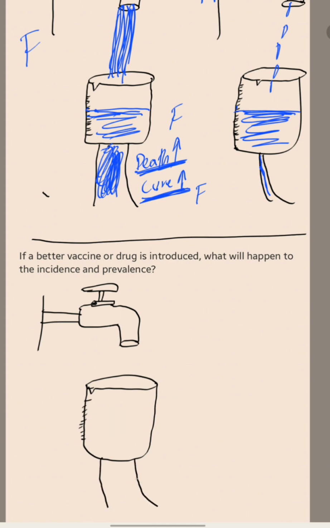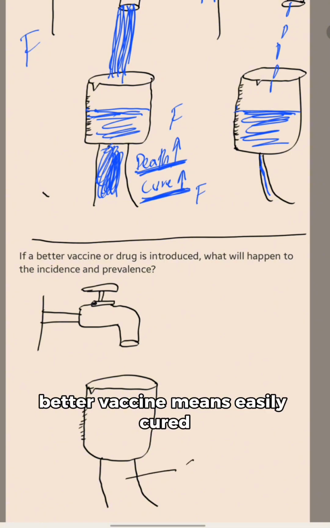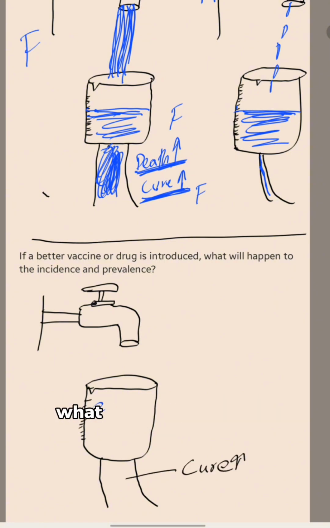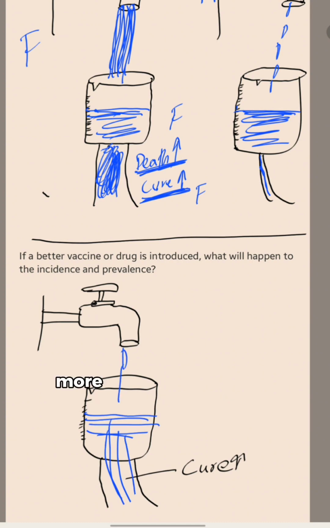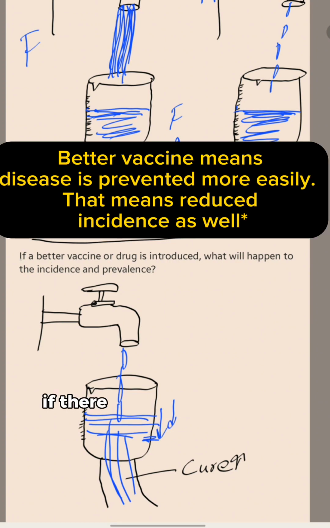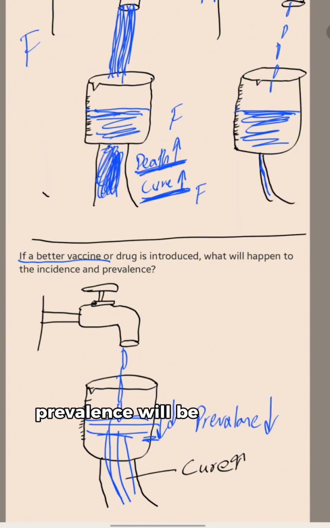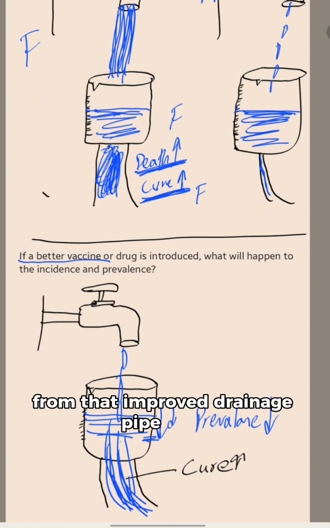Better vaccine means easily cured or easily prevented. So what is going to happen? The water is going to be drained outside more. Incidence is here, but prevalence will be low, right? Prevalence will be reduced. If there is better vaccine or drug, then prevalence will be decreased because maximum drainage is occurring from the improved drainage pipe, right?